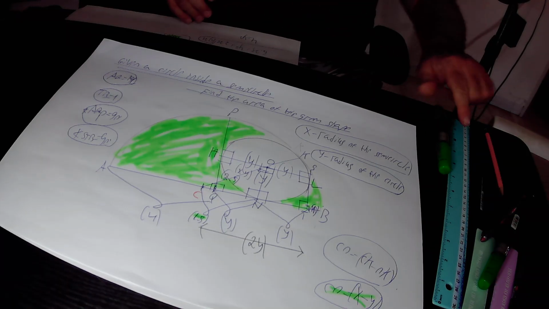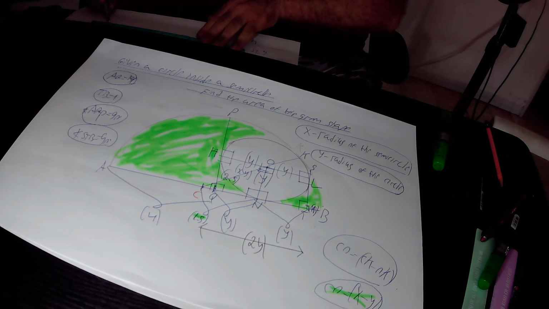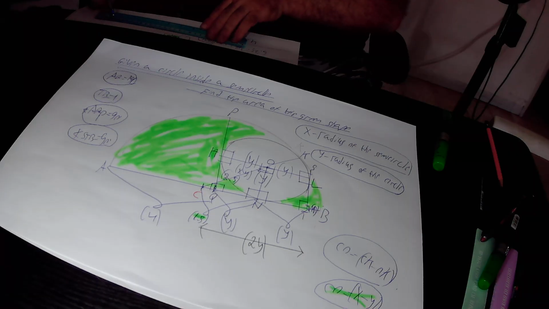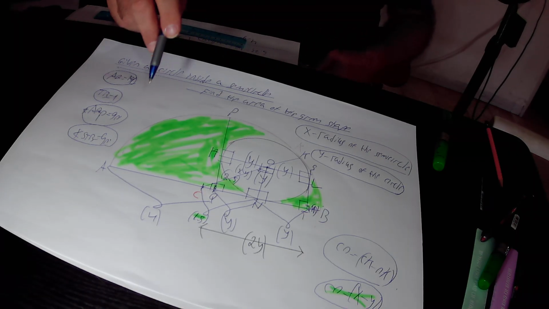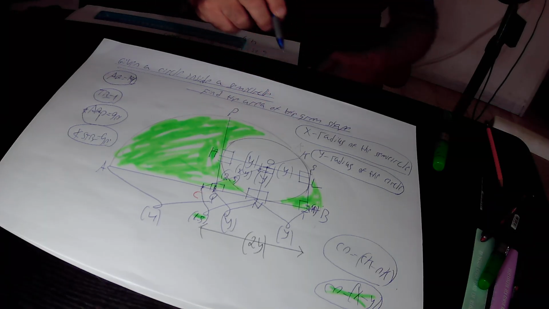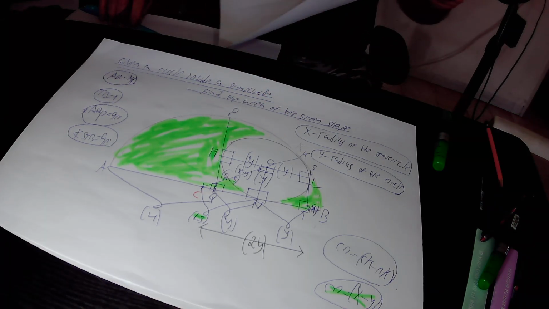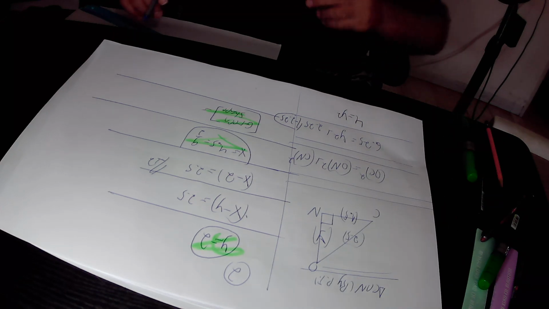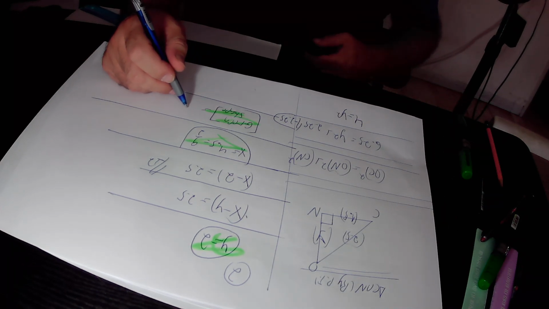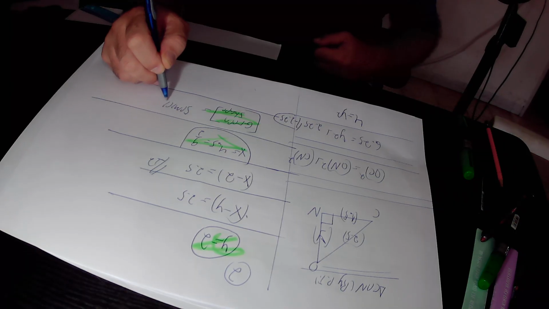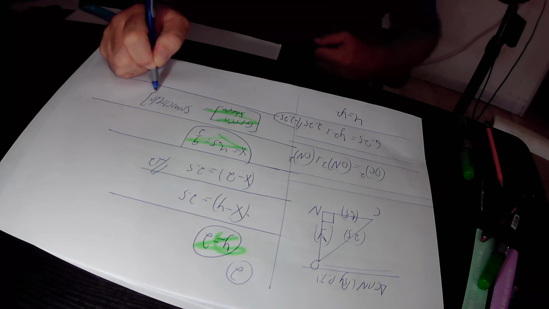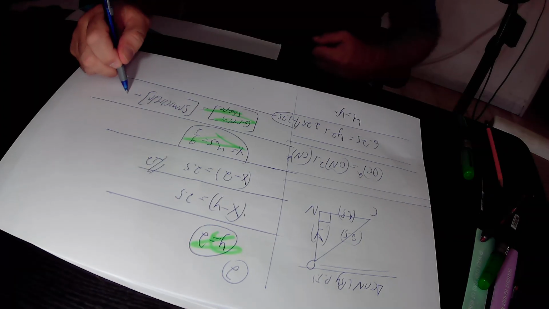From the drawing, it is very easy to see that the area of the green shape equals the area of the big semicircle minus the area of the small circle. So write it down: the area of the green shape in total must be equal to the area of the big semicircle minus the area of the small circle.